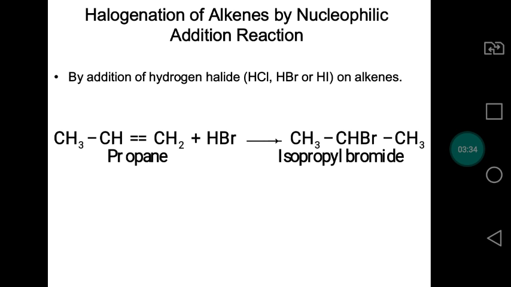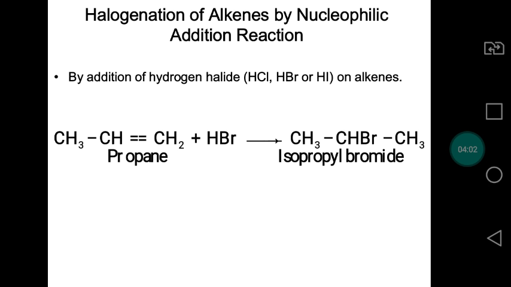In asymmetric alkene, if we add an HX type of molecule, then there are two possibilities. Why? Because in asymmetric alkene, there are two possibilities of breaking the pi bond, which we have studied as Markovnikov and anti-Markovnikov rule. Here, as per the screen, you can see the Markovnikov reaction.